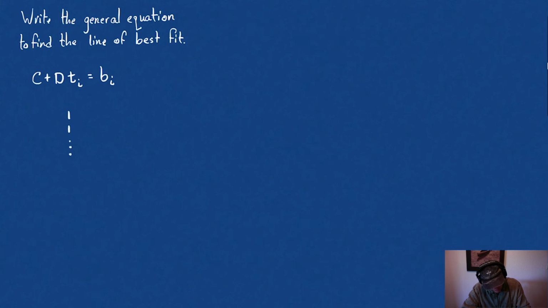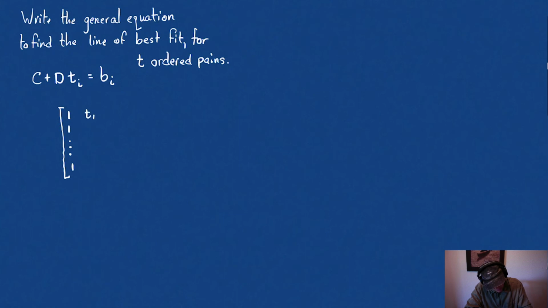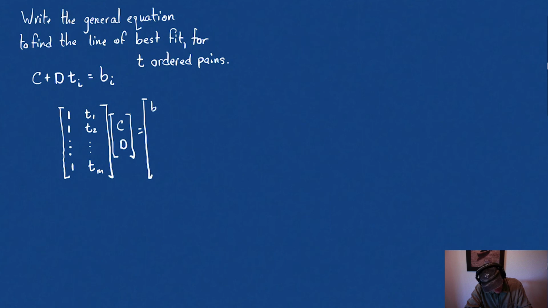For a line of best fit with M ordered pairs, I have 1s, and then T1, T2, all the way down to Tm, times C, D. And this has to equal B1, B2, dot, dot, dot, B sub M. Okay, this has no solution.